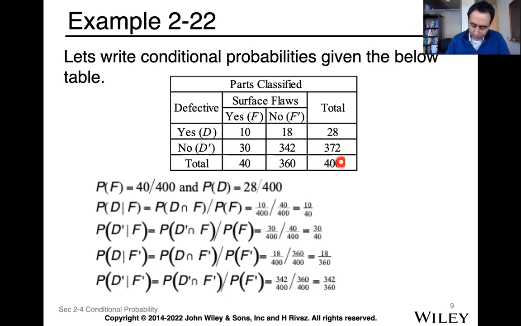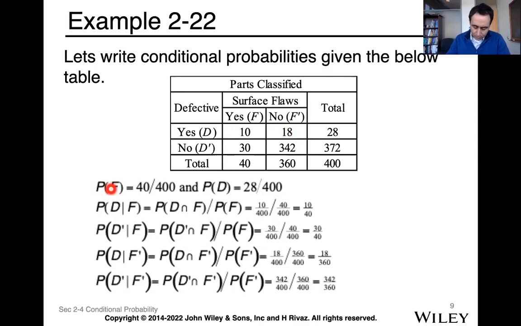In total, I have 400 parts, and they are classified into these two features using these four numbers, 10, 18, 30, and 342, which tell me everything that I need to know about this problem, right? So now we can calculate all probabilities that we want just from these four numbers.